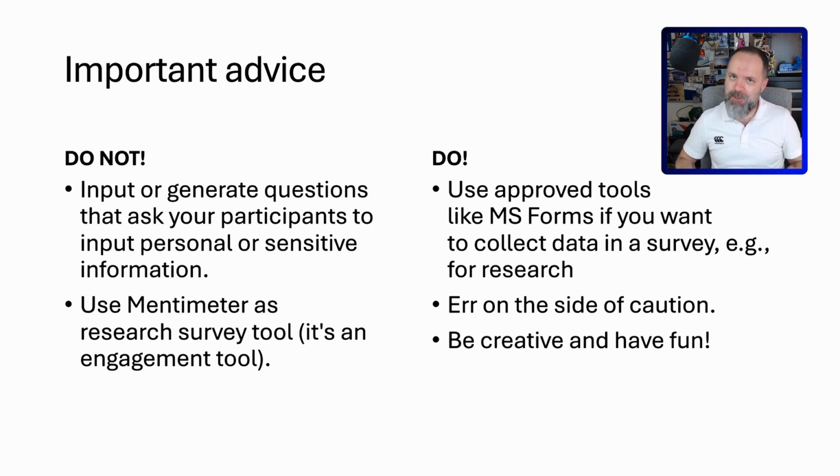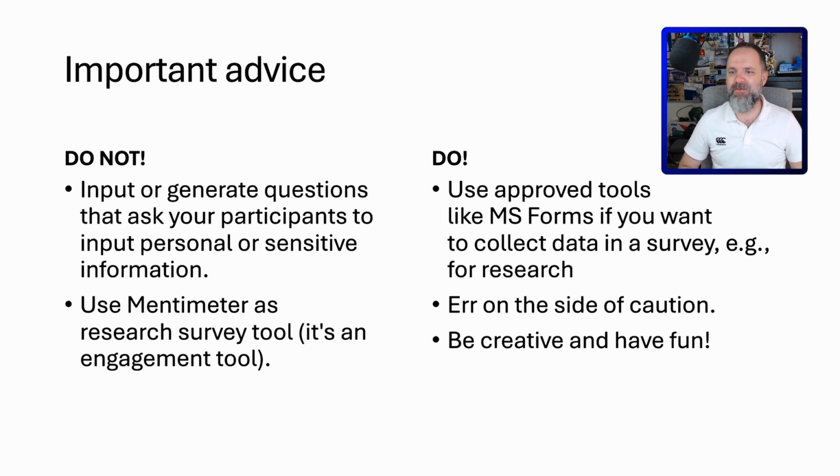Ultimately, this is an engagement tool, and there should really be no need to input any personal information, any names, addresses, phone numbers, anything else that is sensitive, anything that goes against GDPR. There's really no need, and this is not how Mentimeter is meant to be used in the first place. But please avoid these kinds of inputs or generating questions where these inputs are asked from your participants.